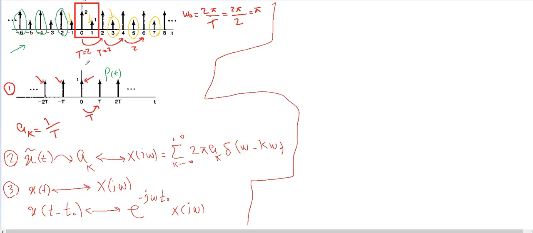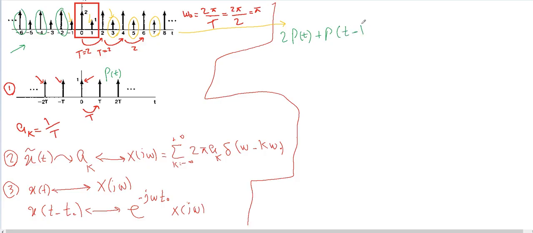As a result, we can write this signal as 2 times P of t plus P of t minus 1.